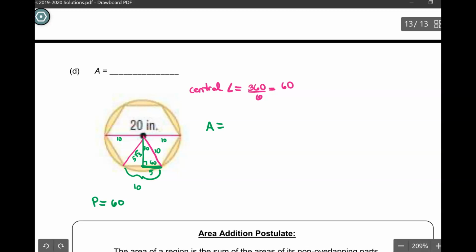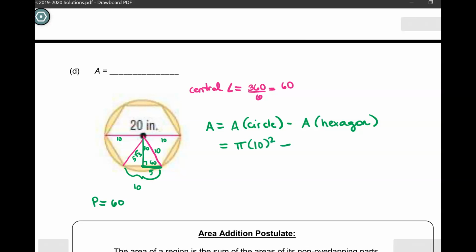So the area shaded is going to be the area of my circle minus the unshaded, which is the area of the hexagon. So the area of the circle is going to be pi times 10 squared minus the area of the hexagon, so the perimeter is 60. The apothem was 5 root 3, and we're going to divide by 2.